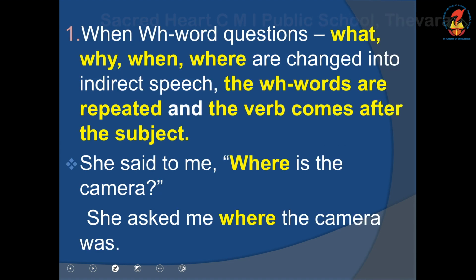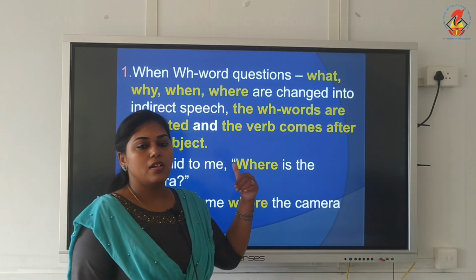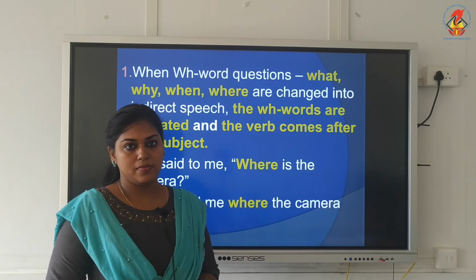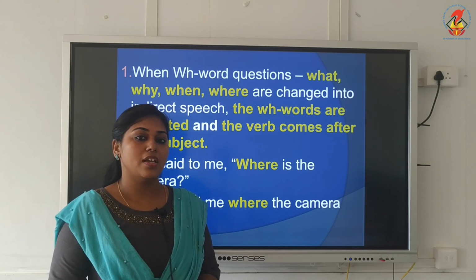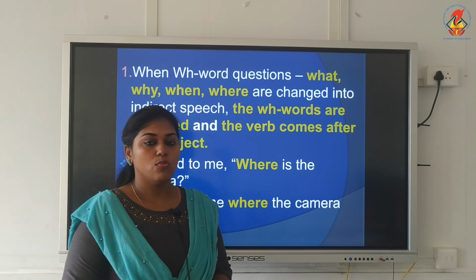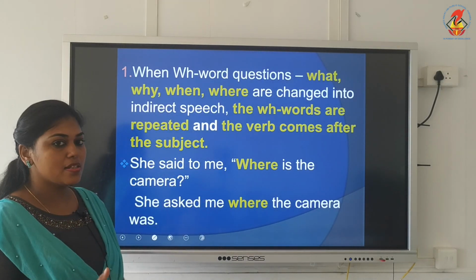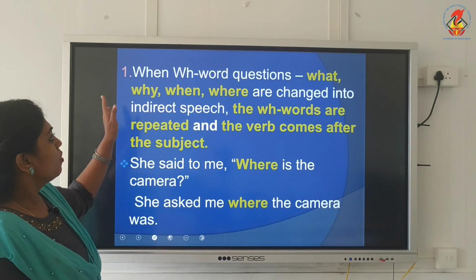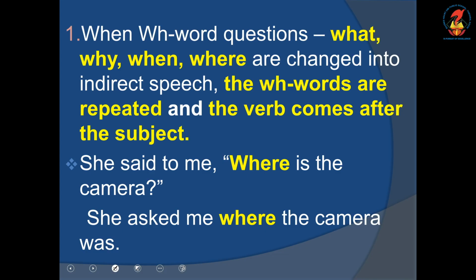Now here what you have to remember is, when a WH question word comes in a sentence, as an interrogative sentence, what you have to remember is regarding the word order. Okay. When WH word questions like what, why, when, where are changed into indirect speech, the WH words are repeated.